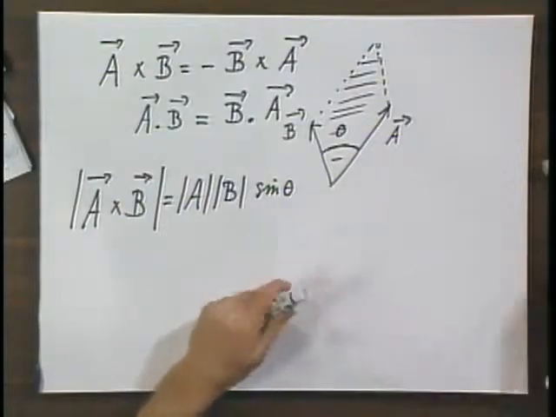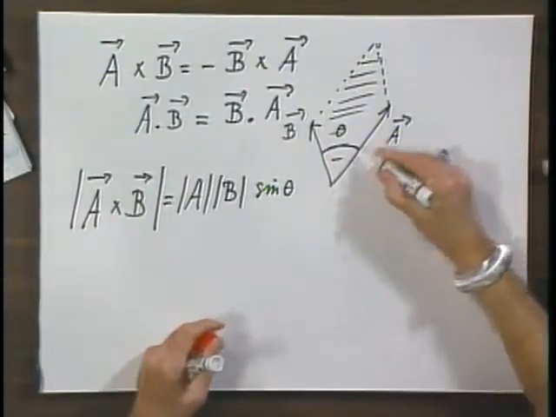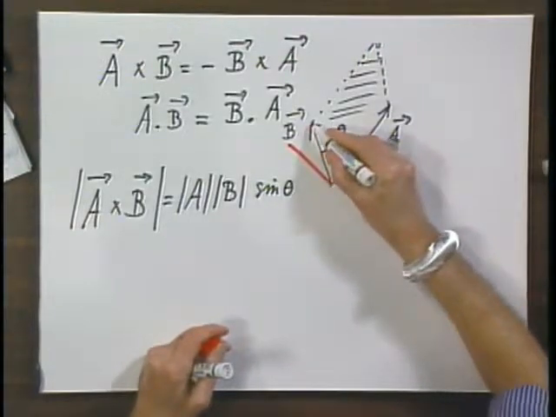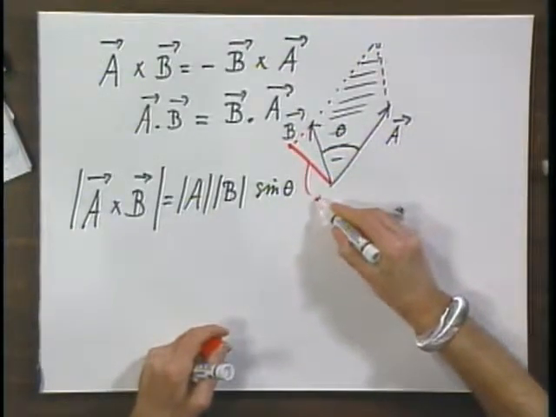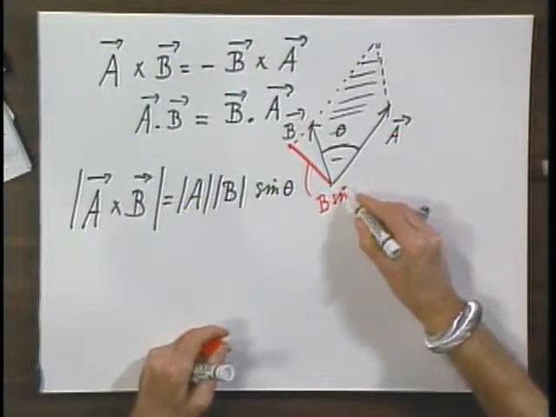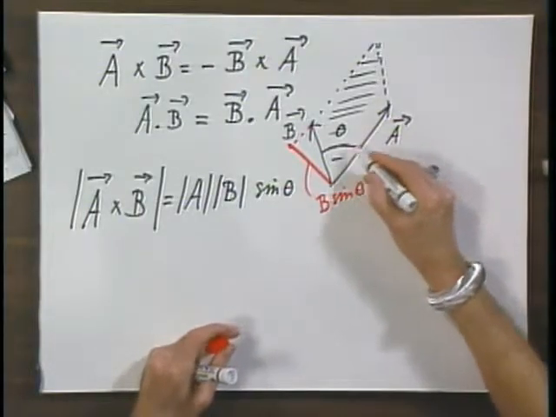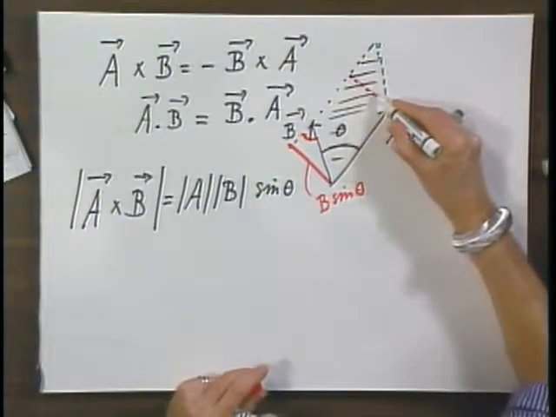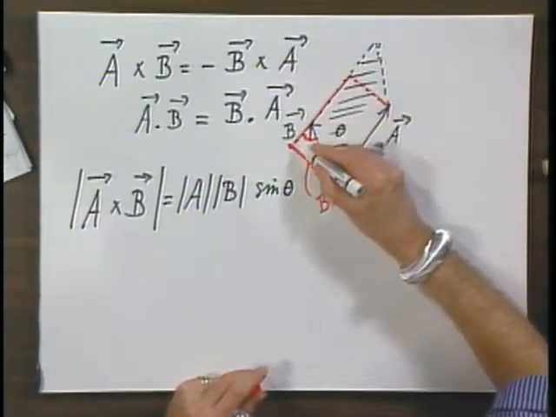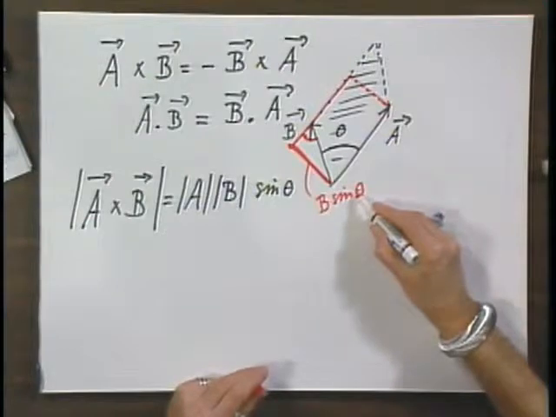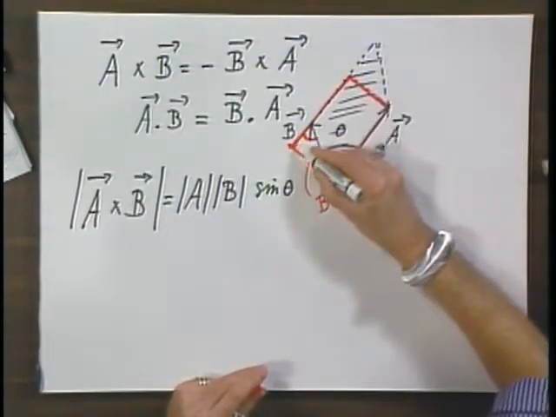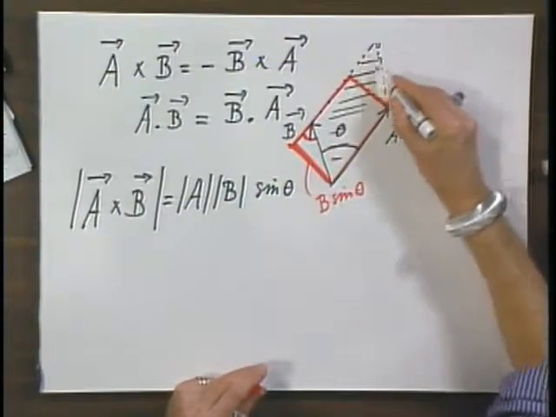And you can easily see that this is length A, but this length is B times the sine of theta. If this angle is theta, this is also theta. And so the area B sine theta times A is this area, which is exactly the same as this area.